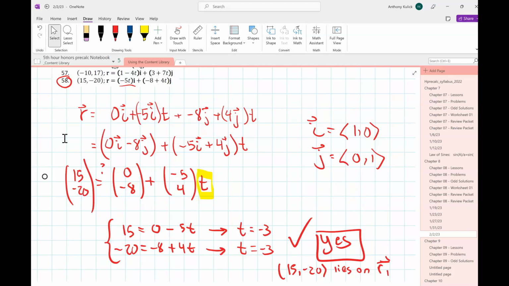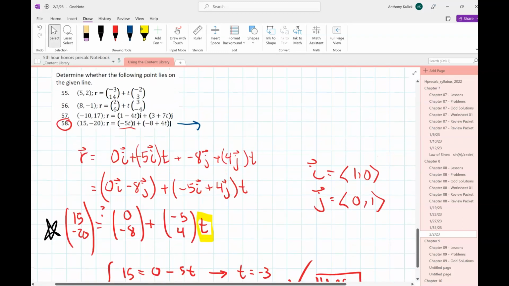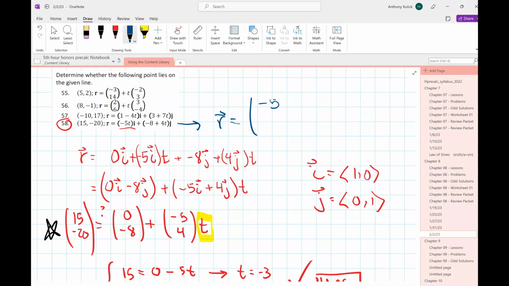Now I went through a lot of rigmarole to get to this. It's also perfectly feasible for you to have gone, okay, so R is just negative 5t in the x, and then negative 8 plus 4t in the y, and just be done there. Right?